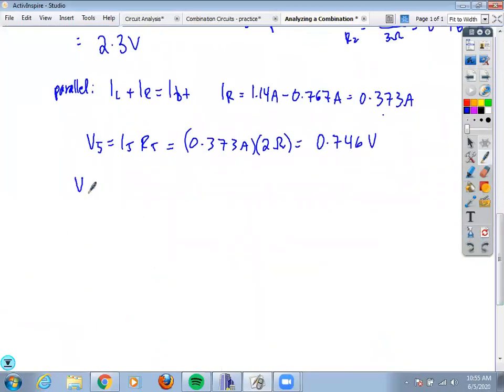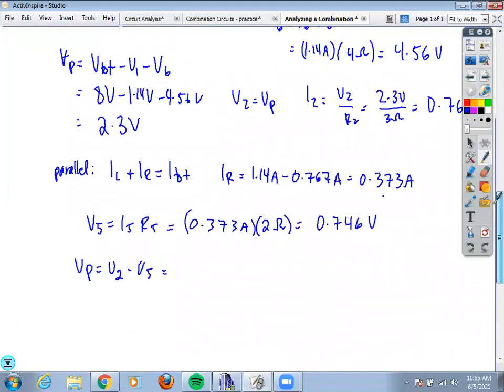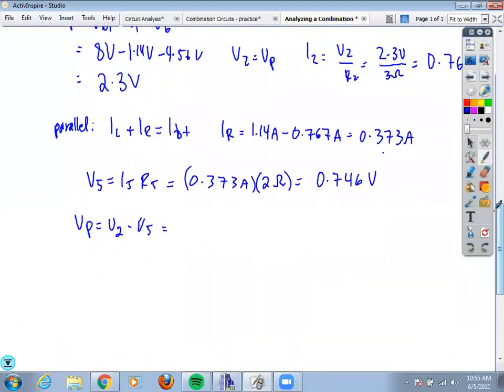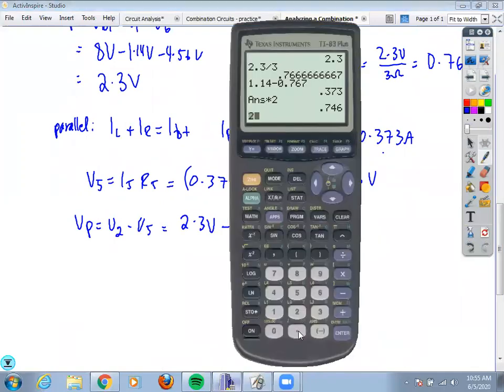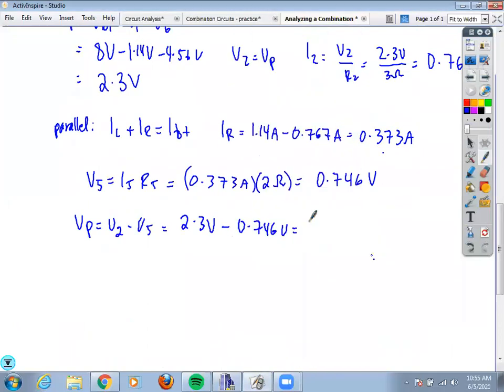So V2, 2.3 volts, minus 0.746 volts gives us 1.554.